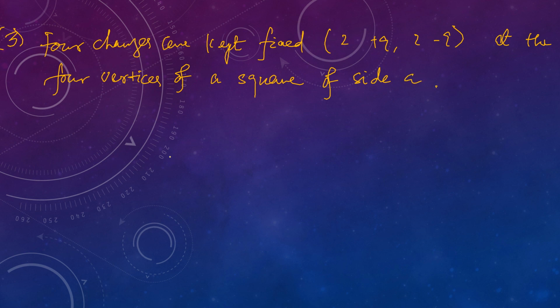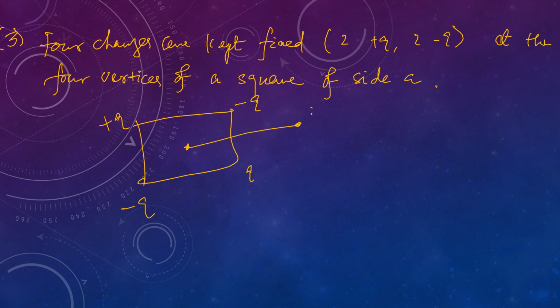The figure shows four charges plus q, minus q, plus q, minus q. This is P, this is R, and this is A.